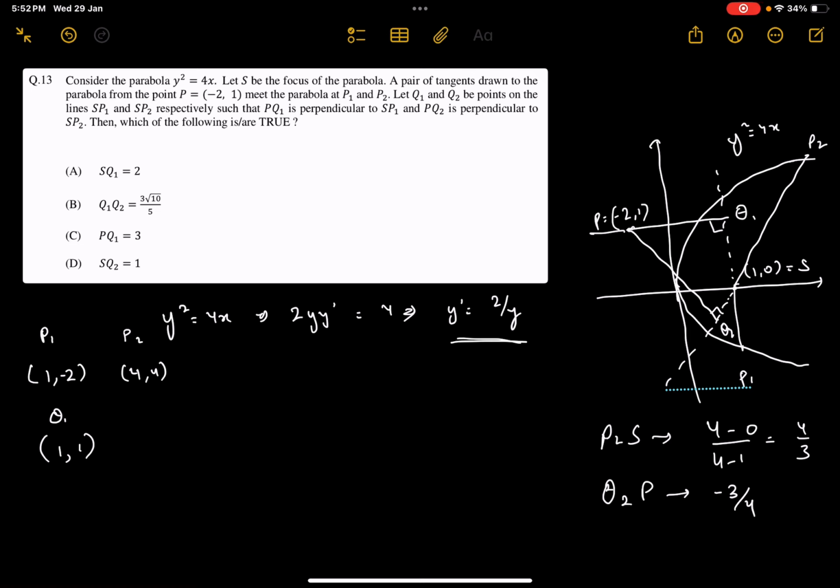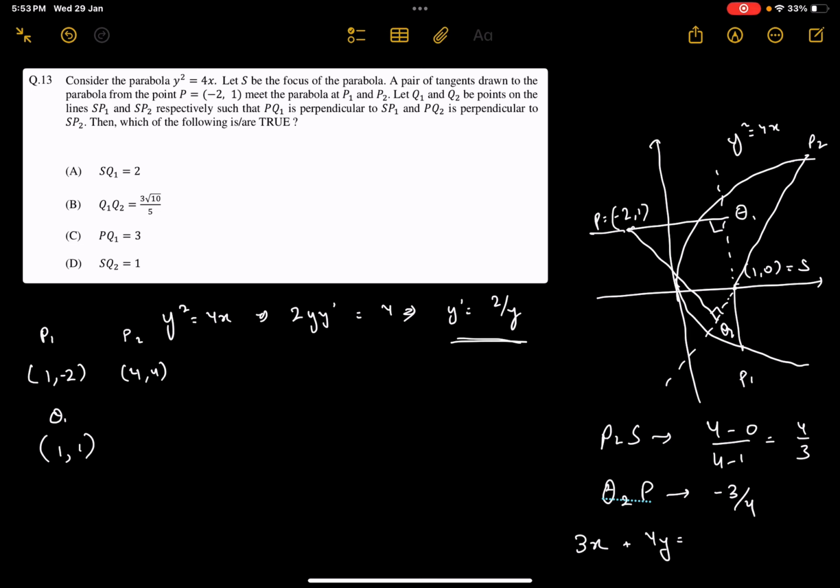So the equation of line Q2P is 3x plus 4y equals to some constant, and as this line passes through P, (-2, 1) should satisfy.